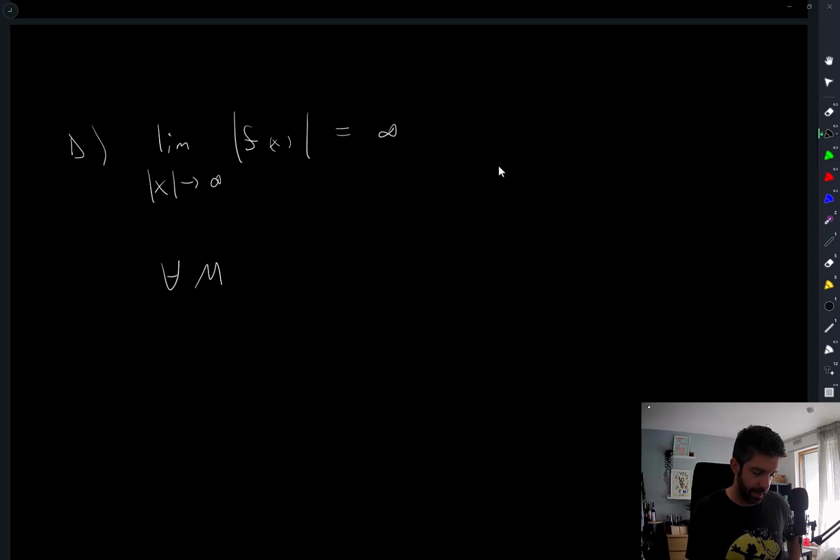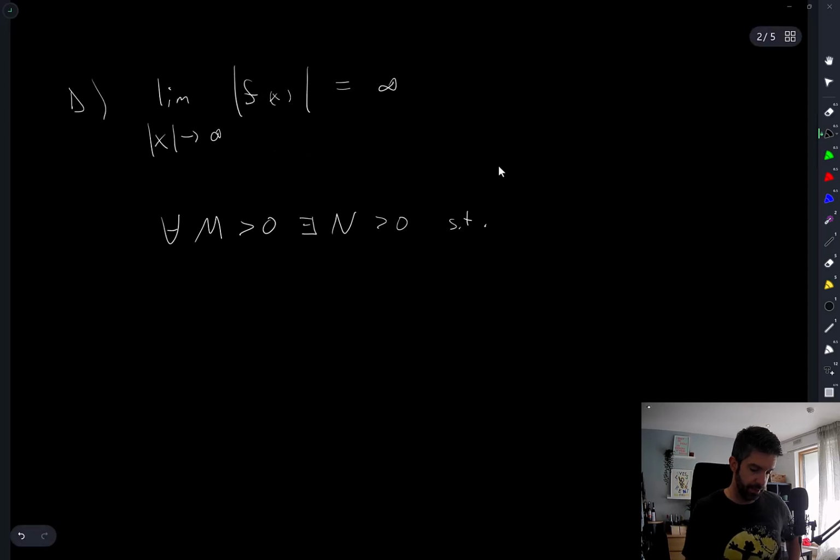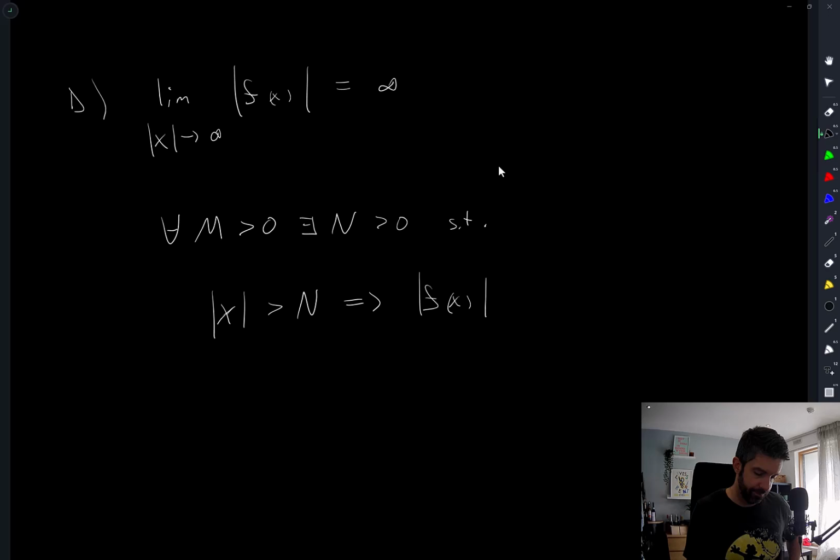For all m greater than 0, there exists an n greater than 0 such that absolute value of x greater than n implies the absolute value of f is greater than m.